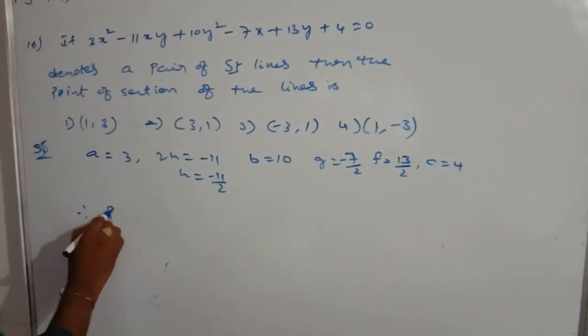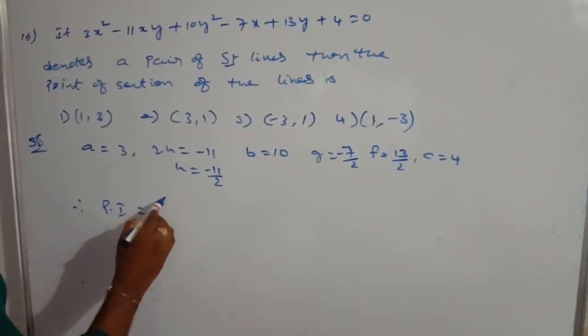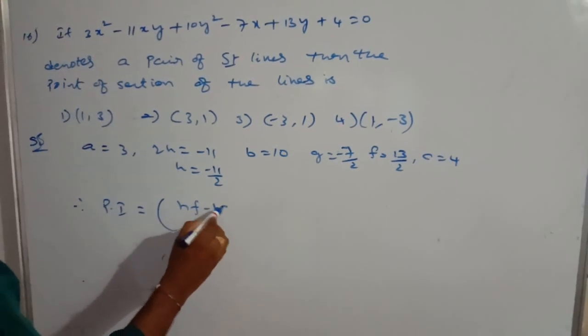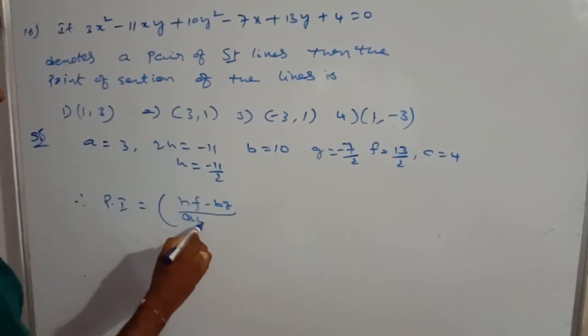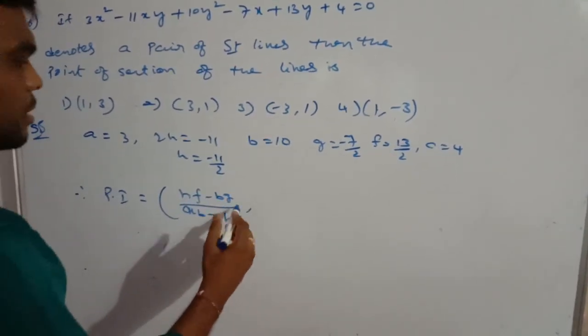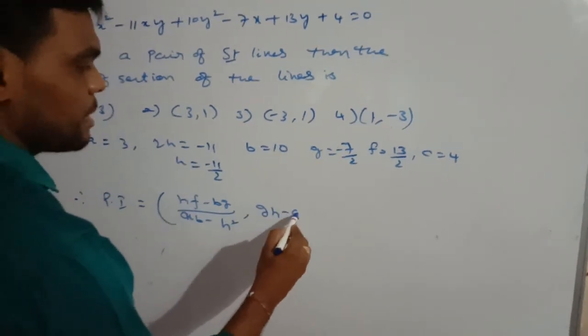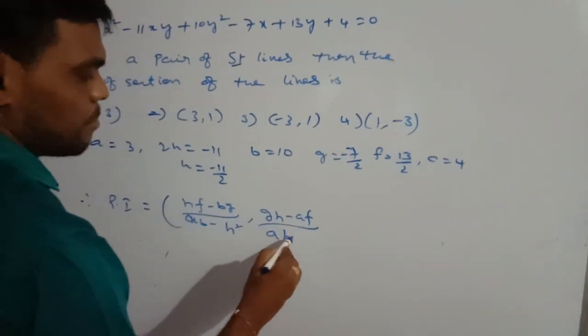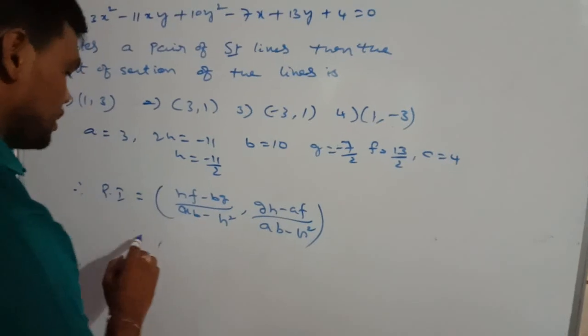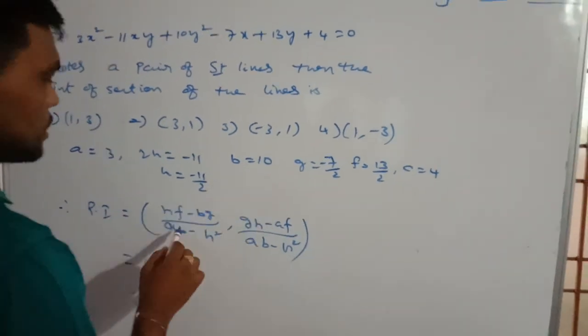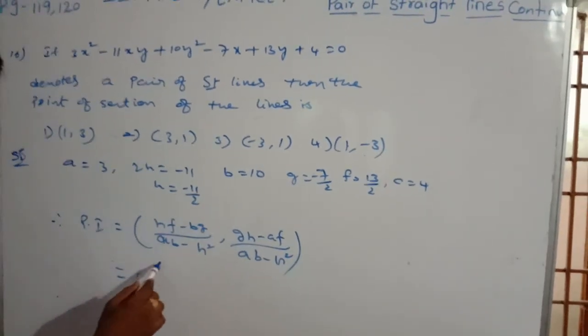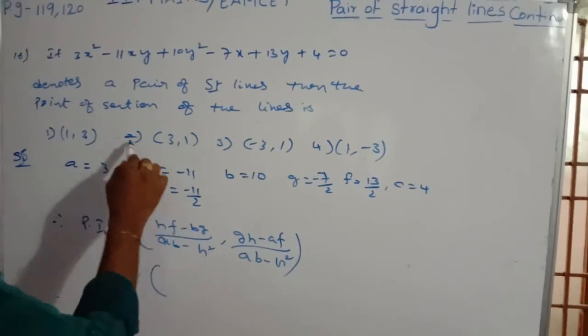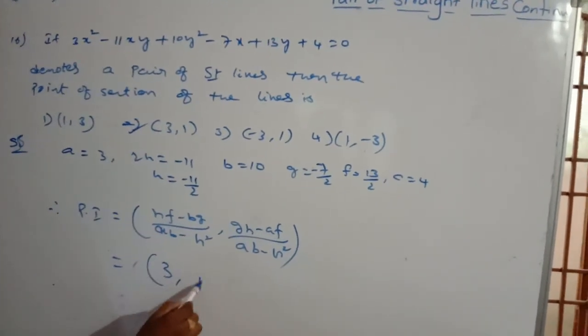Now the point of intersection is hf minus bg by ab minus h square and gh minus af by ab minus h square, substituting the values in this formula. Now the answer is 3 comma 1.